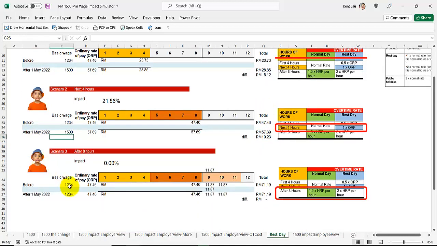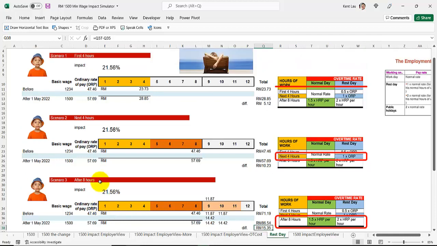How about if you ask somebody to work exceeding 8 hours on a rest day? So 1,500 is still a 21.56% increase, and that is an additional 15 ringgit 35. Although you see the increment is very large, actually it's only 15 ringgit. It's less than a meal in McDonald's or KFC.